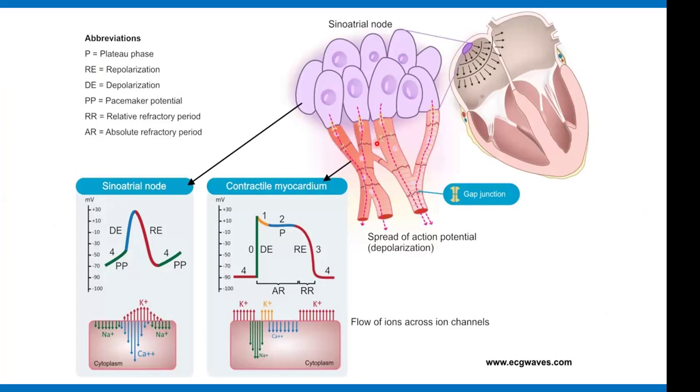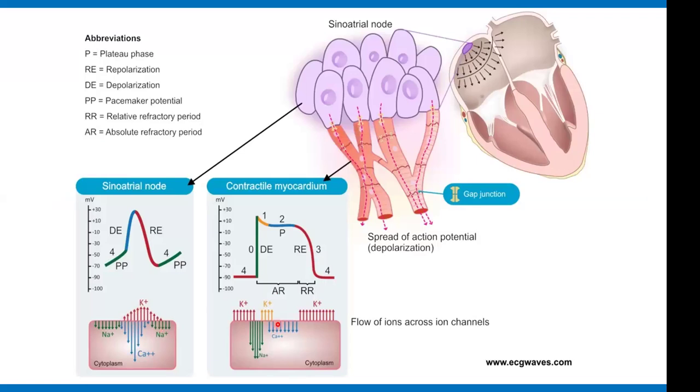Okay, so this diagram just depicts the different ions involved. In the sinoatrial node, we have the funny currents, so there's sodium, and then also potassium. Then we have calcium here, and then potassium opening to bring it down again.